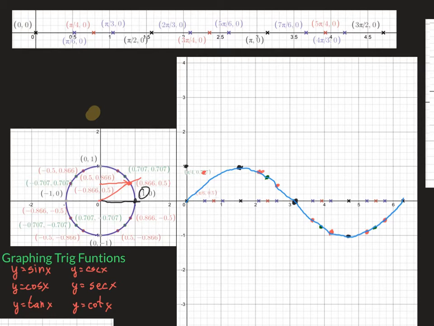The next is pi by 4, and the distance to the right in this case is 1/√2. Notice that that's the same as its height, so the sine and the cosine will be the same at that spot. Pi by 3 cuts the unit circle at a distance of just 0.5 to the right. So pi by 3, we have 0.5.